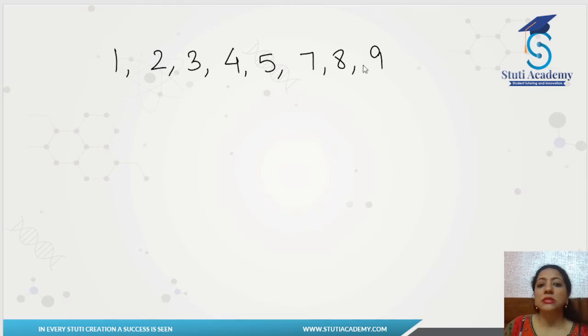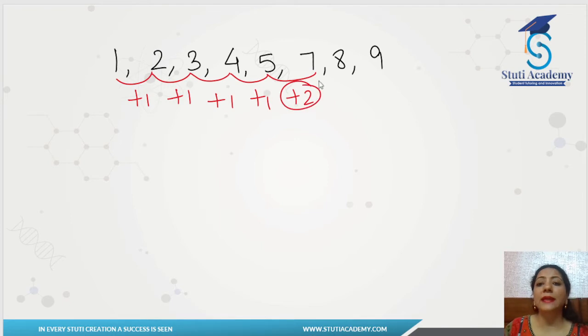Now please notice this is not an arithmetic progression because we are adding 1 here, 1 here, 1 here, here also we are adding 1, but here we are adding 2. So we are not adding the same number throughout. This is 2 here, so it should be the same throughout. So this is not an arithmetic progression.